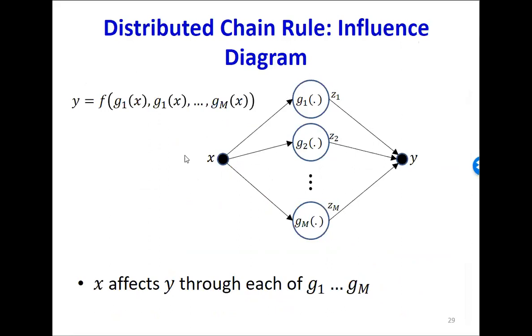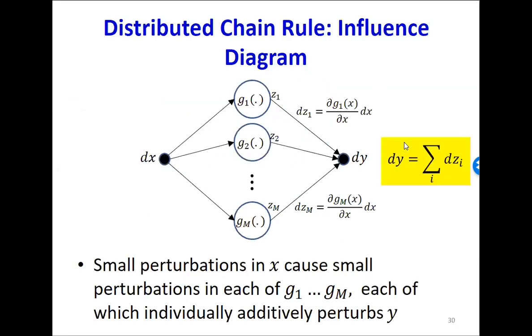If you ask me to draw this influence diagram, it's easy enough to say that dy over dx is g1 prime plus g2 prime plus g3 prime. I just have to follow each of these chains to find out how a small perturbation in x changes y. Small perturbations in x cause small perturbations in each of these z's. Each of these additively, individually perturbs y. And so the derivative of y with respect to x is going to be the sum of these partial derivatives.